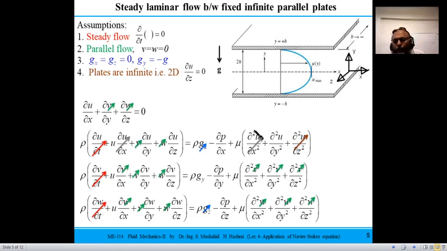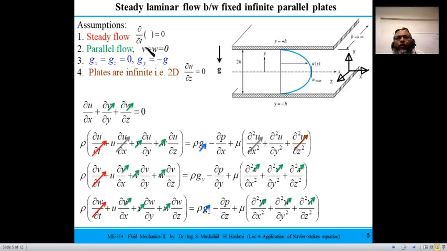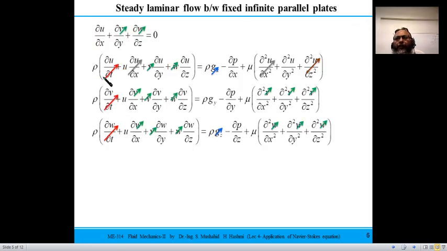Eventually, once you apply all these assumptions, the red one is steady state, the green one, if you go back, is parallel flow, the blue one is acceleration, and the third one is because of the infinite plates. And the gray one is due to employing the results you got from the continuity equation after those assumptions.